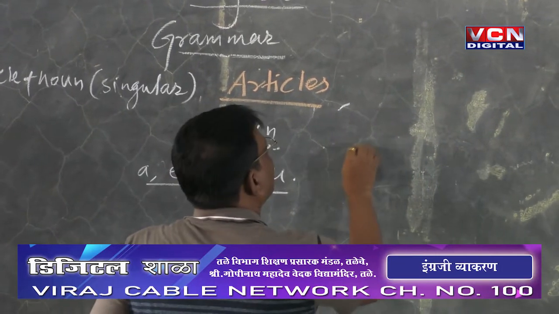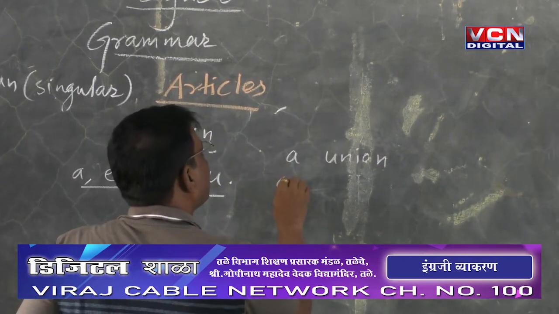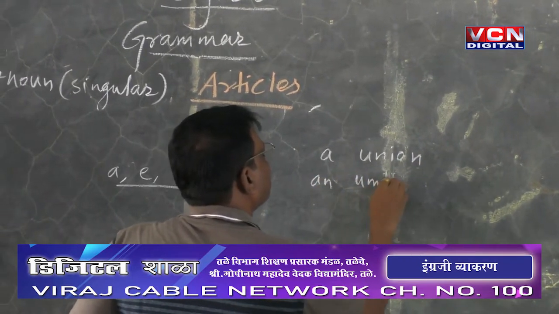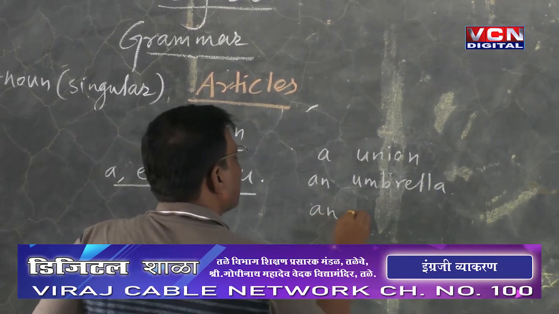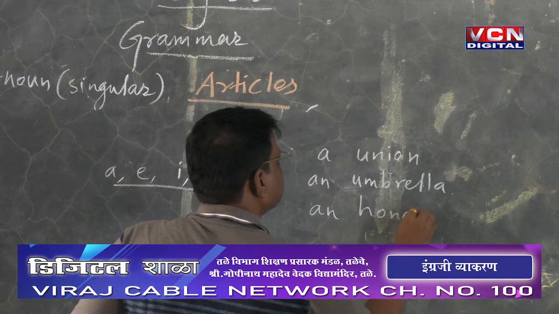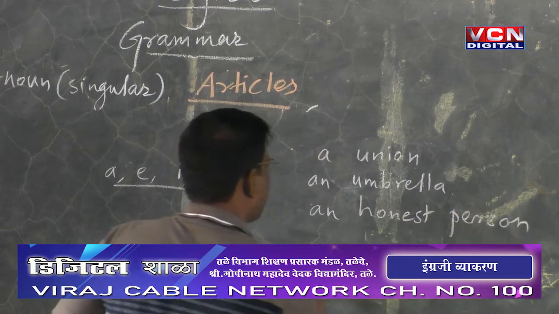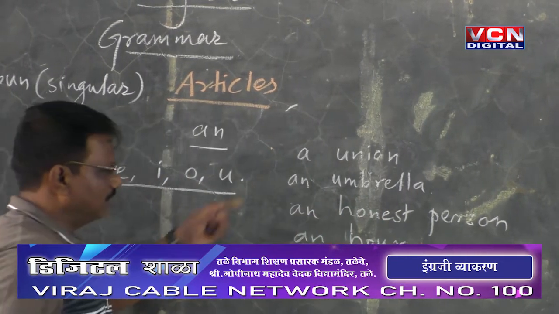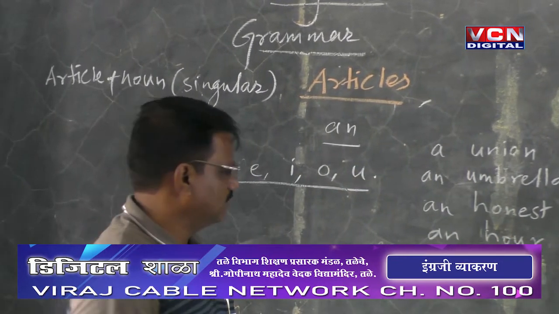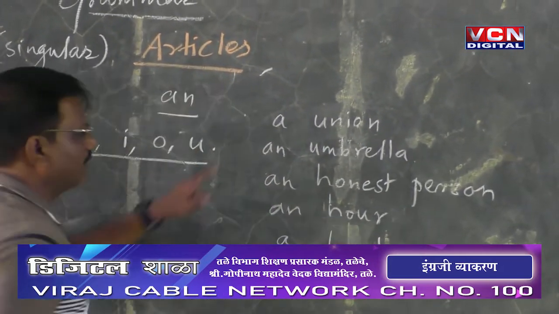For example, a union, an umbrella, an honest person, an hour. Here you will see the difference. A host, a union.